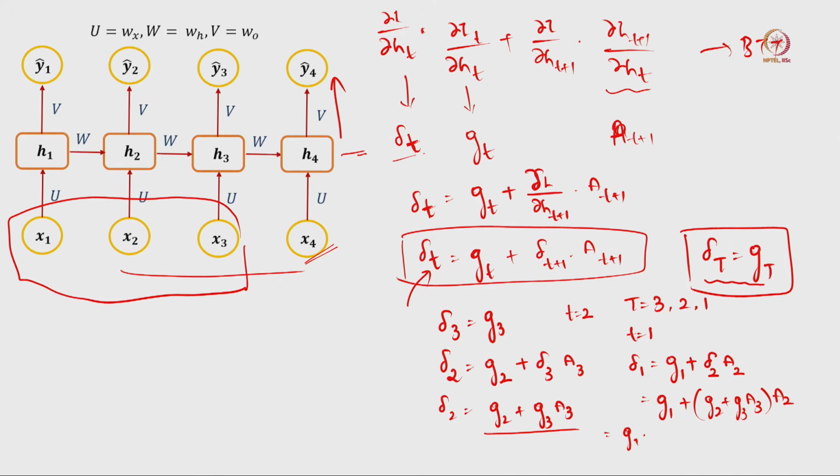Substitute and get the values: G1 plus G2 A2 plus G3 A3 A2. This is your delta 1. I hope you have understood up till this. I am pausing here for a second. I want you to go through and understand what exactly is happening.